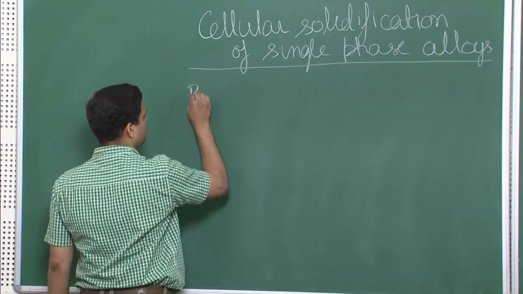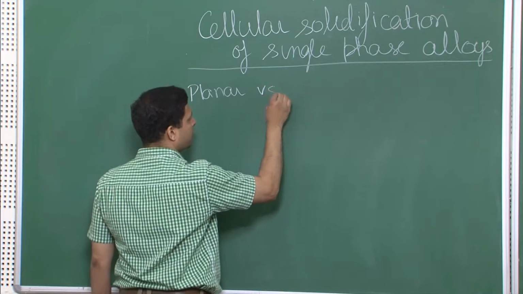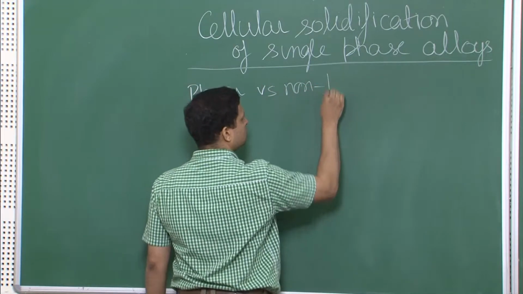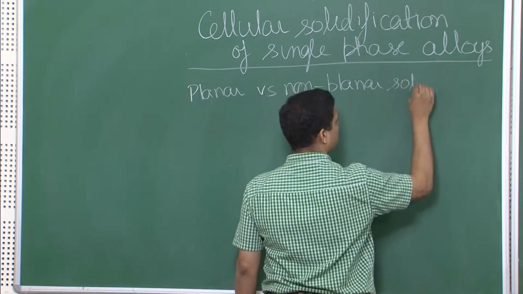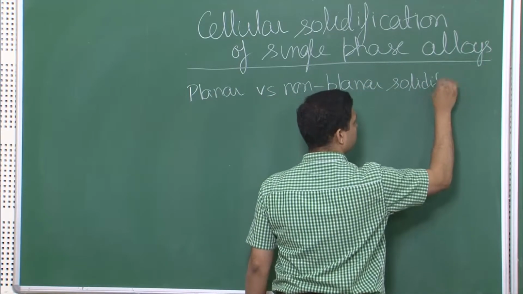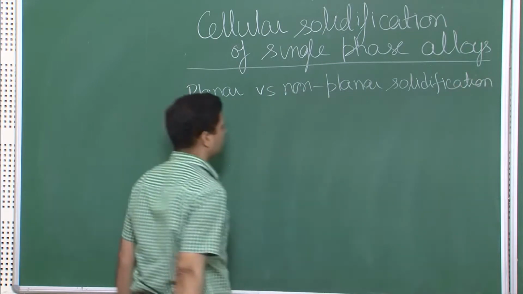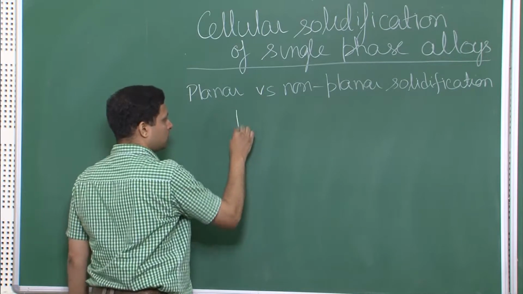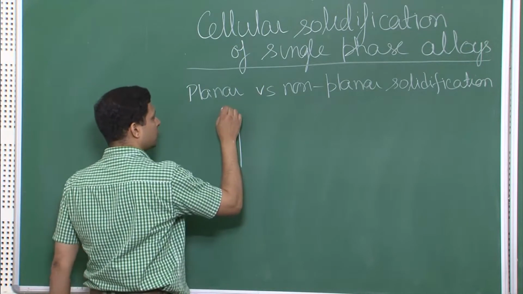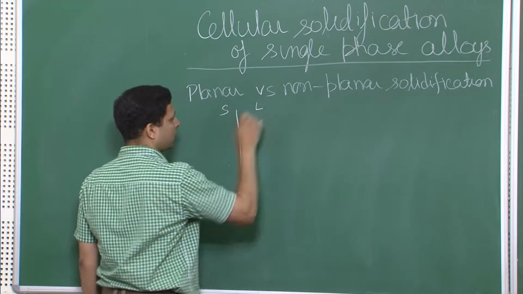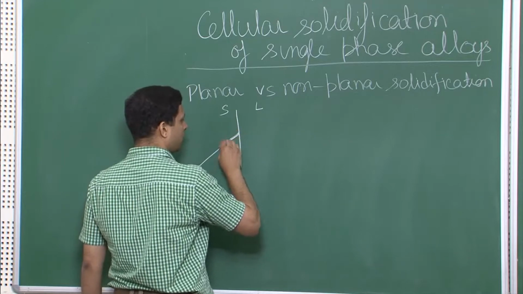So let's try to understand planar versus non-planar solidification. Let us say this is the interface between solid and liquid, this side is solid, this side is liquid, and let us say this is the temperature profile.